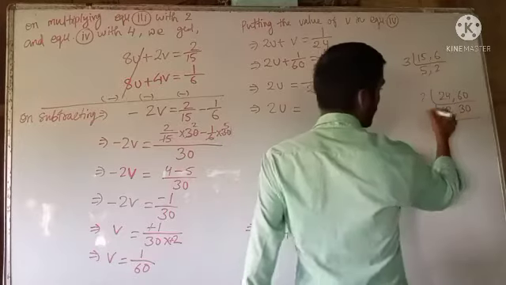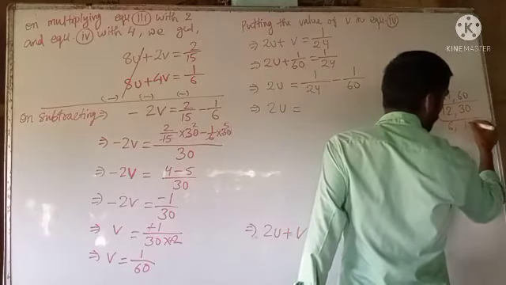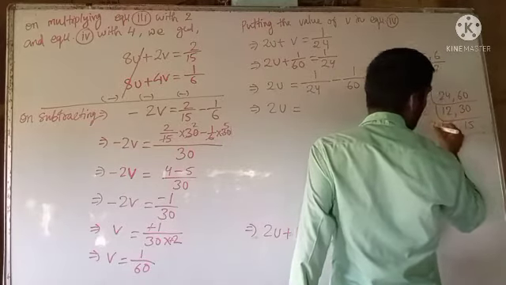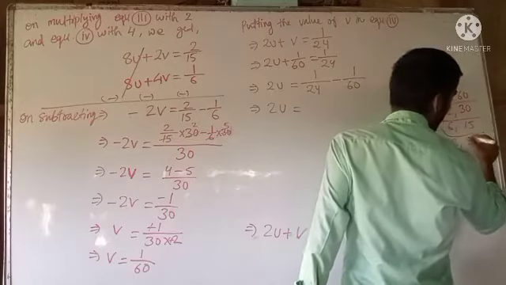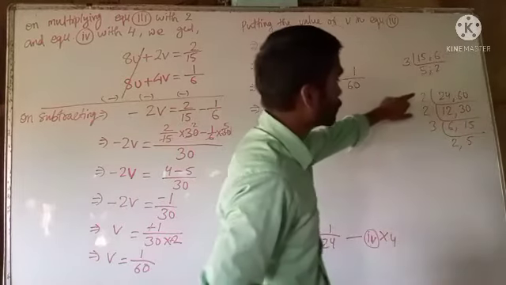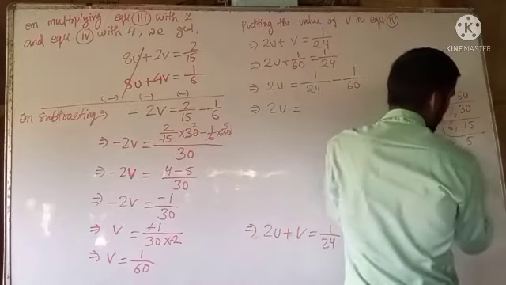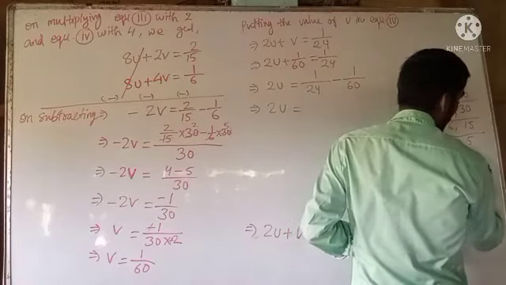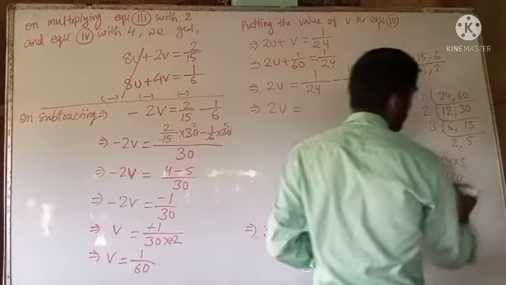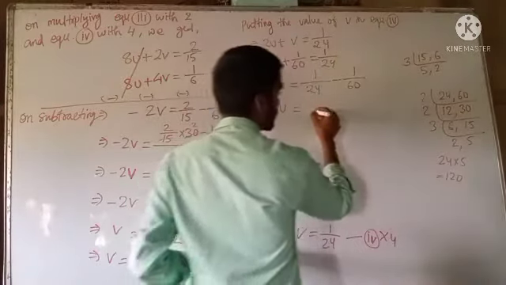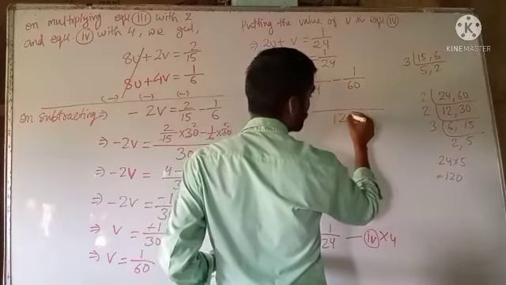Again by 2, 2 6s are 12, 2 15 times it is 30, again by 3, 3 2s are 3, 5s are 5. Now 2 2s are 4, 4 3s are 12, 12 into 2 will get 24 into 5. 24 into 5 it is 120. So we got here it is LCM, we got here it is 120.